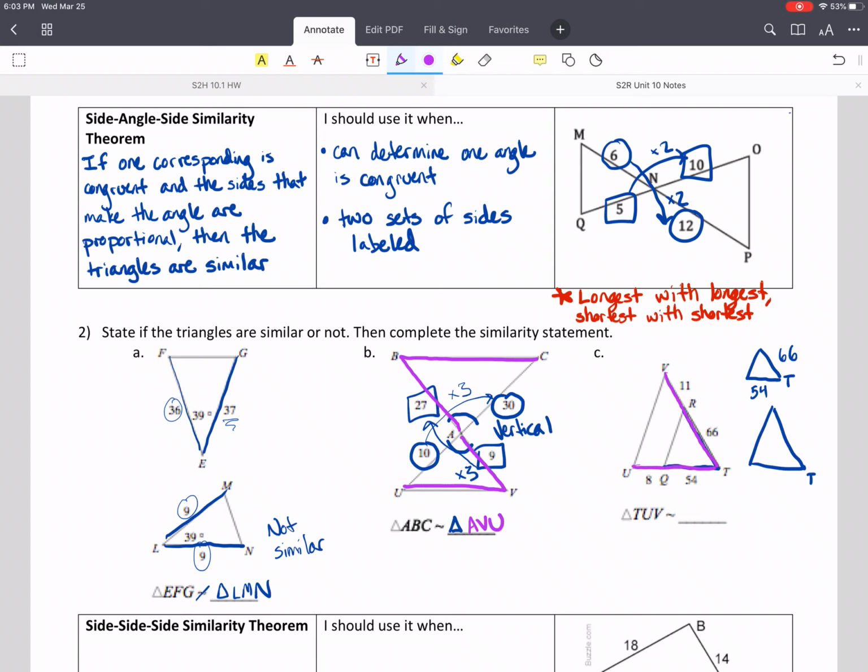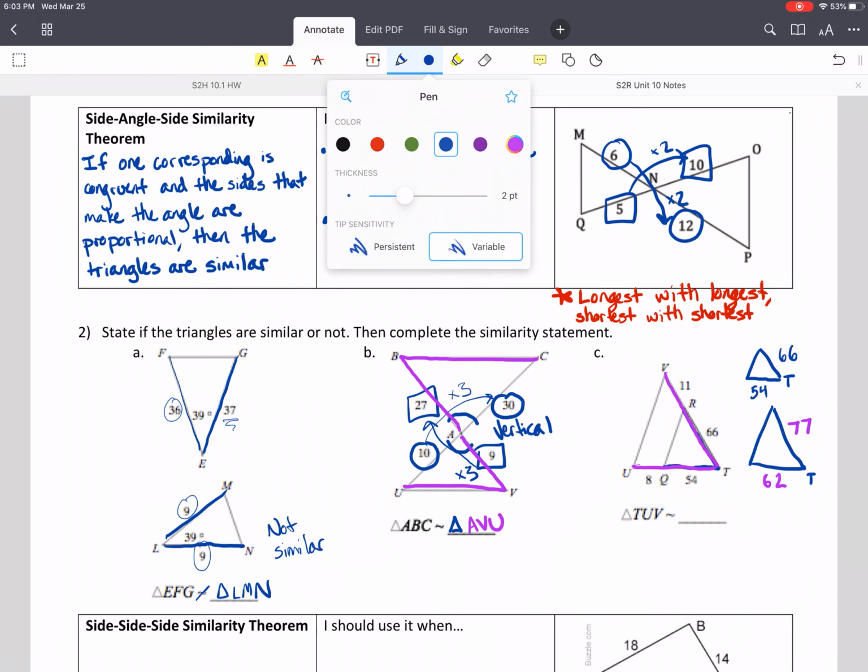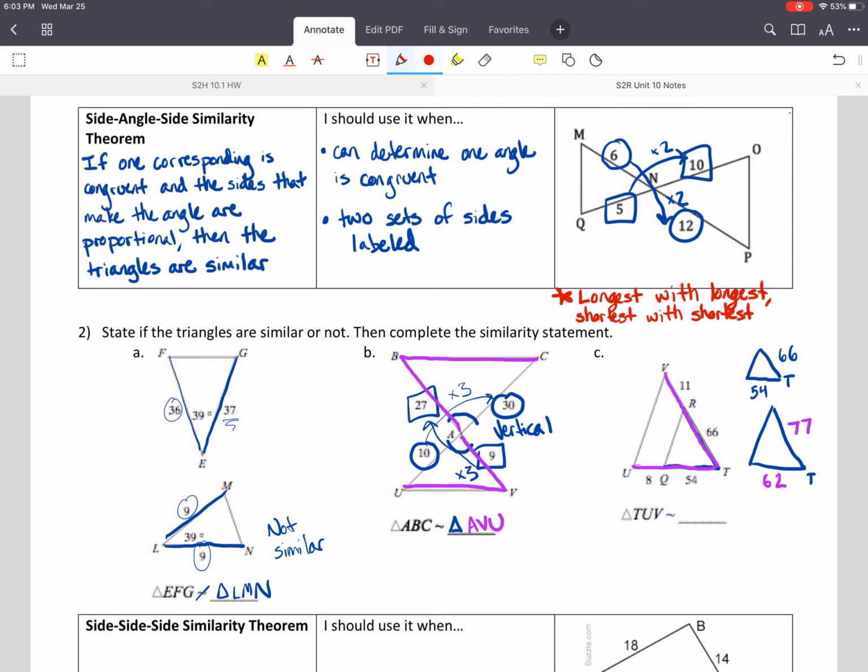So I actually have to add those together. So I get a 77, and then I also get a 62. And you might look at this and go, okay, but how do I know that the angles, why would I use side angle side here? Well, notice for both triangles, they both share that angle. So angle T between both of those is going to be the same.